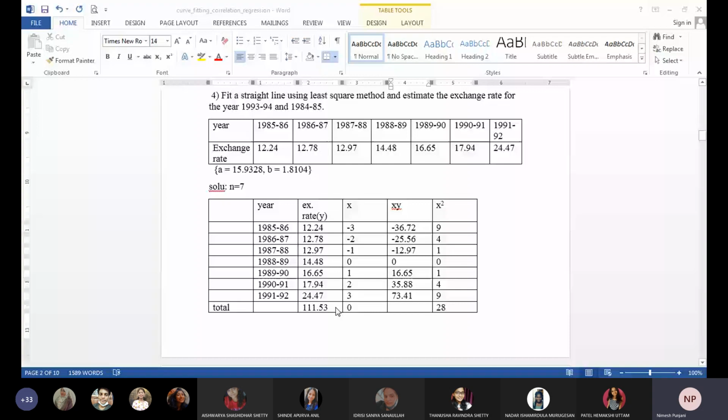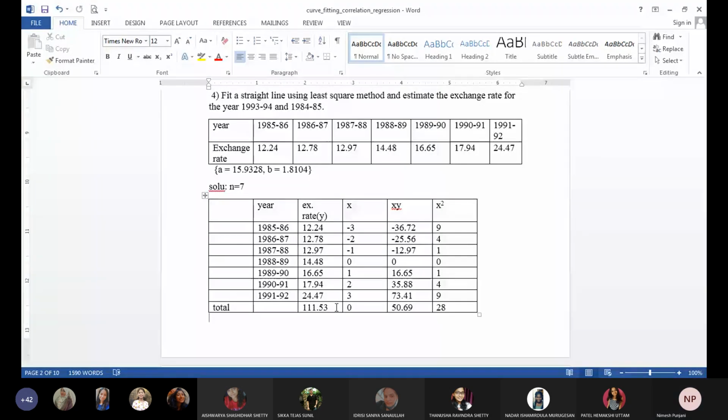Just check these are the values of the total which you are getting. Yes sir, the values of y and x square are correct. Okay, check the other two also. It is correct, sir.